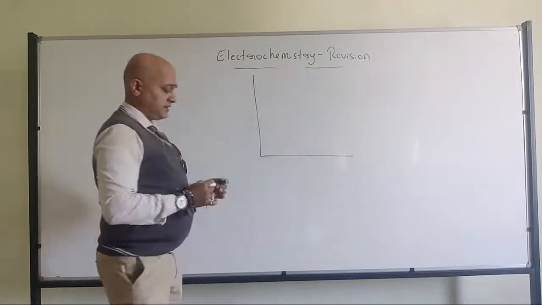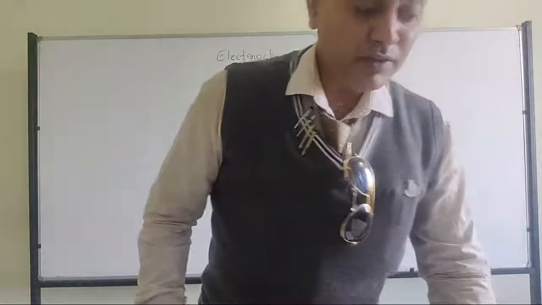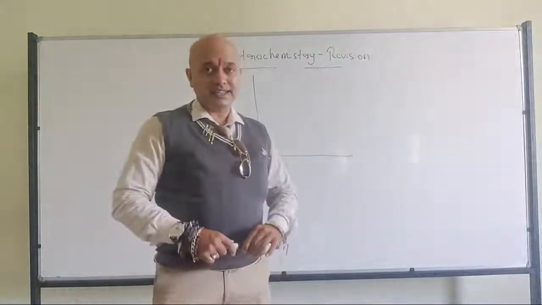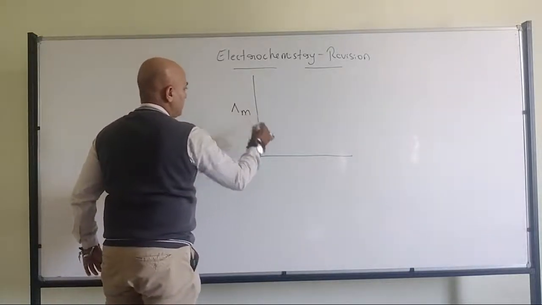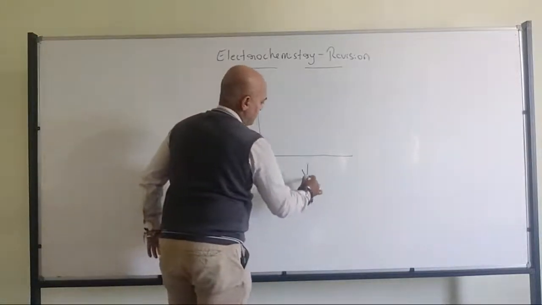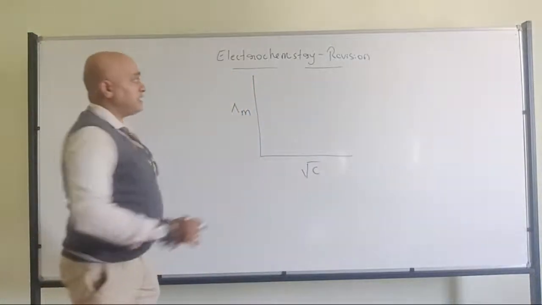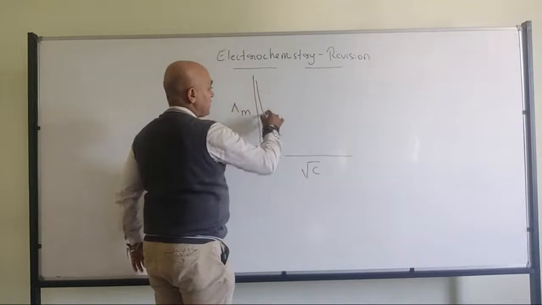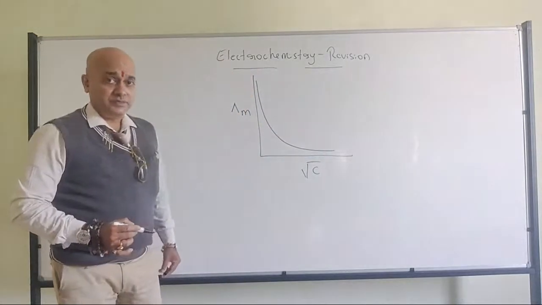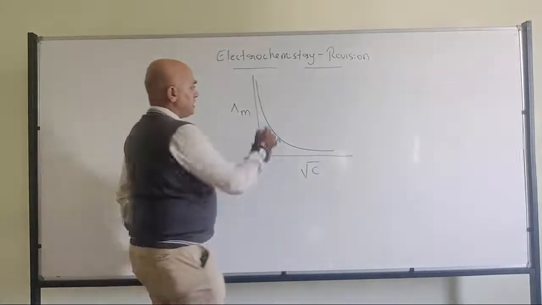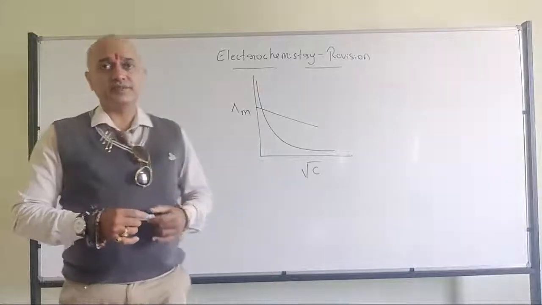And if I am right, we were talking about concentration versus molar conductivity, that is square root of C on the x-axis. Whenever we are talking about weak electrolytes, we get the graph like this. And for strong electrolytes, we get the graph like this.